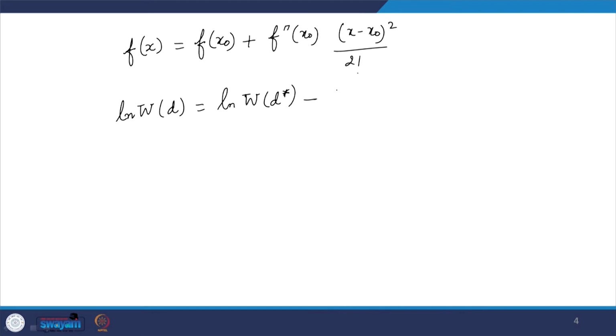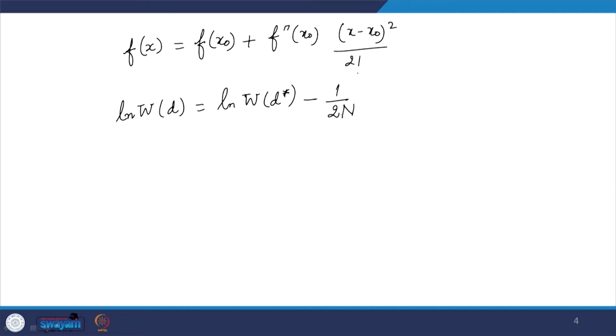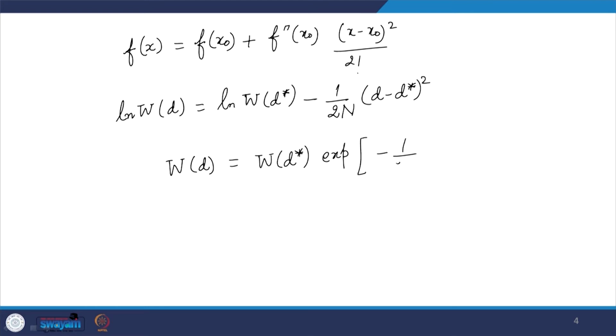So, we get minus 1 by 2 multiplied with 1 by n. So, we have minus 1 by 2 n, d minus d star whole square. So, this we can write as w d as w d star exponential of minus 1 by 2 n d minus d star whole square.